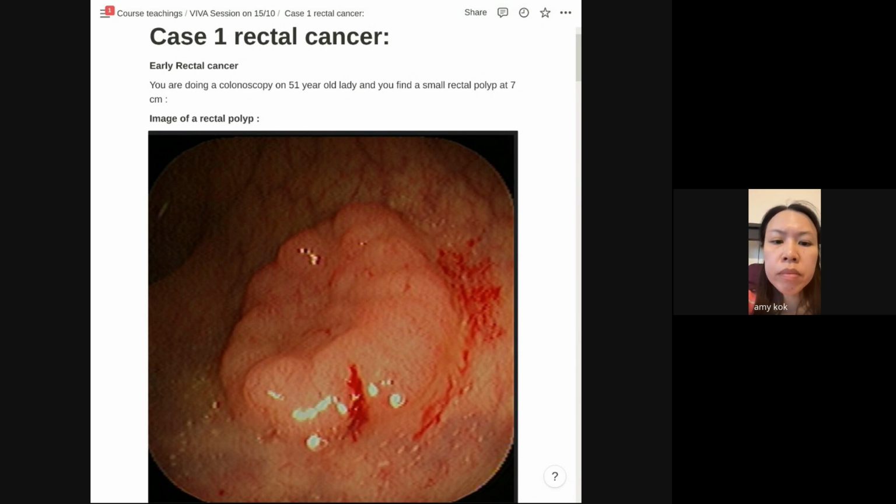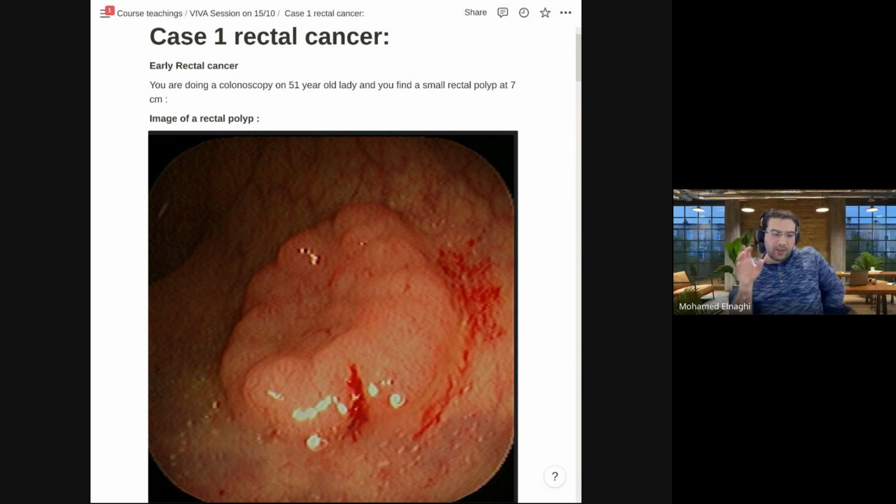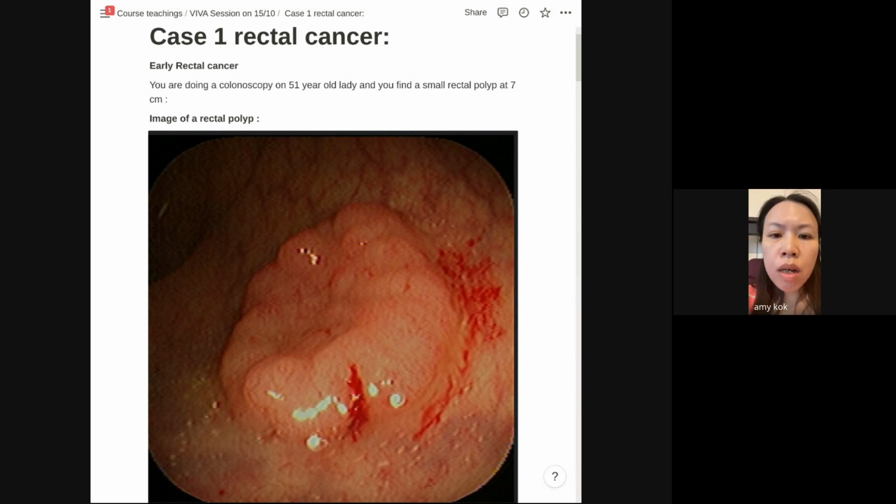So you're just doing a colonoscopy, and you find this lesion. What are you going to do with the lesion? As I said, in the colonoscopy, I would like to do the NBI and the magnifying colonoscopy to see the pit pattern and the capillary pattern.